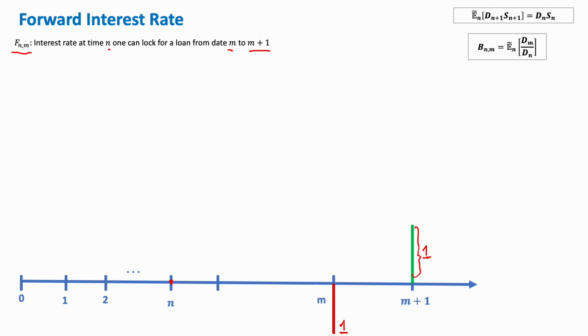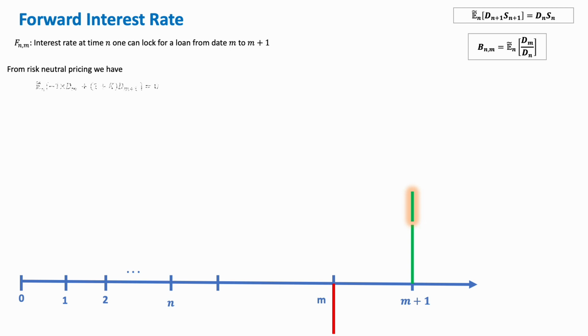But on top of our $1, we're going to get some interest because we just lent you our cash. And this interest rate is going to be this F_n,m that we're talking about. And this is the F_n,m that makes this contract fair, aka there is no arbitrage again. So we can price this actually, right?